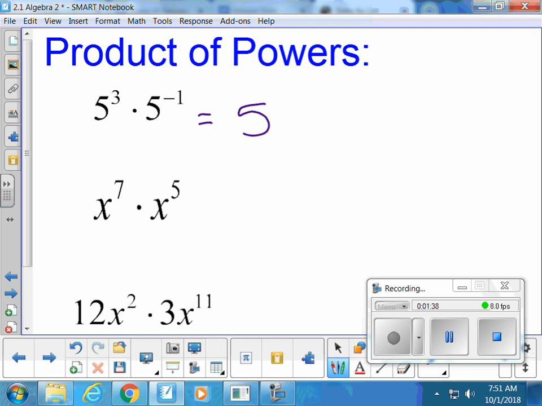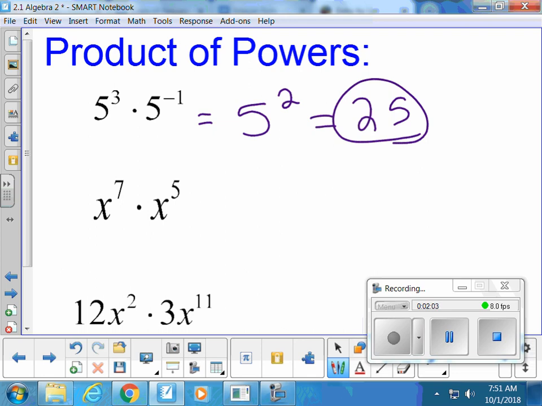You're not going to make that base 25, although it's tempting. But then you're going to add the exponents. So you'll just do 3 plus negative 1, and that would be 2. So our final answer is 5 squared. And if it's a small enough number for you to calculate, go ahead and calculate it. Now, if it was like 5 to the 17th, I probably would just leave it 5 to the 17th. Not want to write out a huge answer.